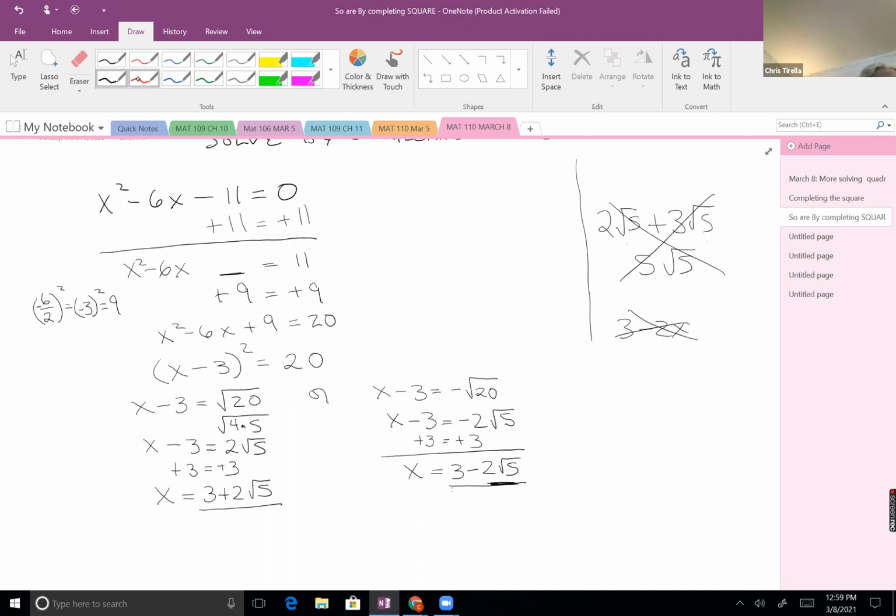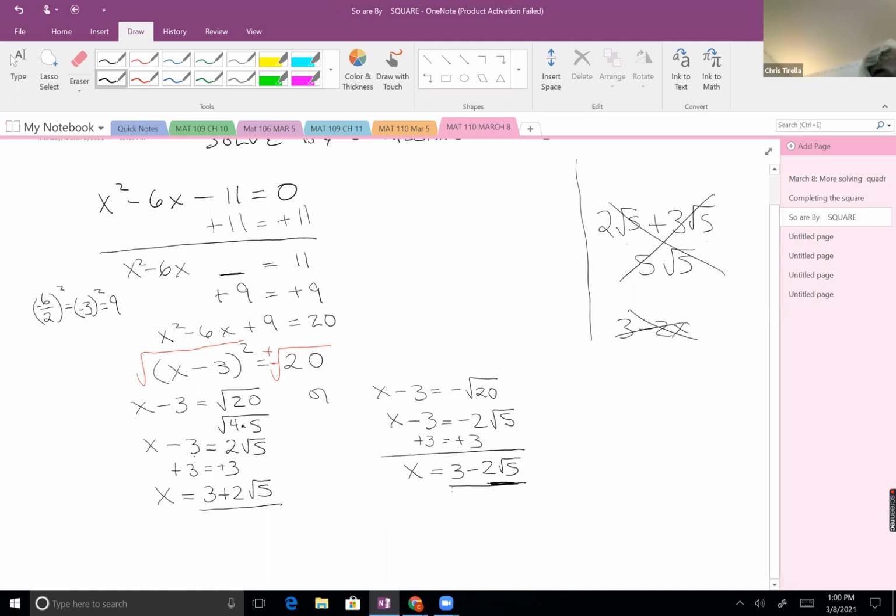So now to finish solving that, we're going to use that square root property, remembering we have 2 roots, a positive and a negative. The square root of x minus 3 squared is x minus 3. That can equal the square root of 20 or the negative of the square root of 20. Hopefully everybody recognized that 20 was simplifiable. 20 can be thought of as 4 times 5, and the square root of 4 is 2.